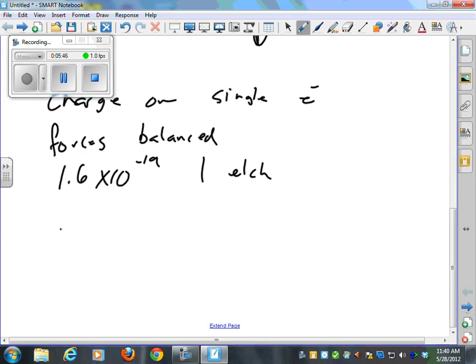In other words, you have to be able to go from elementary charges to coulombs and back, remembering that one elementary charge is 1.6 times 10 to the minus 19 coulombs. So set up a ratio. You either multiply or divide by 1.6 times 10 to the minus 19.